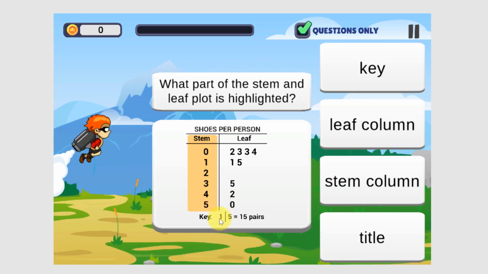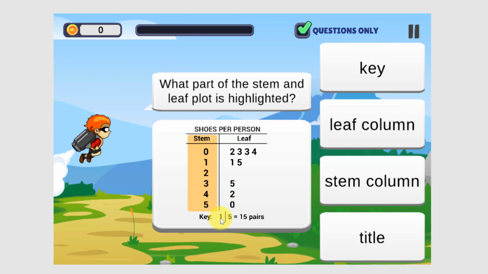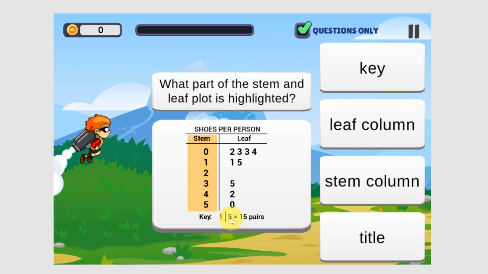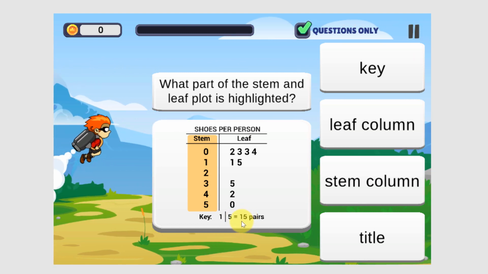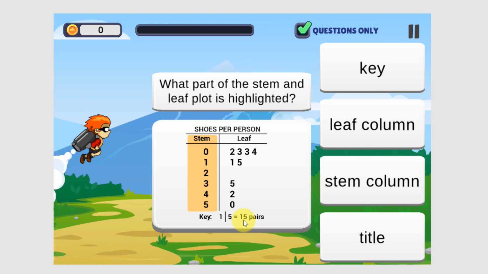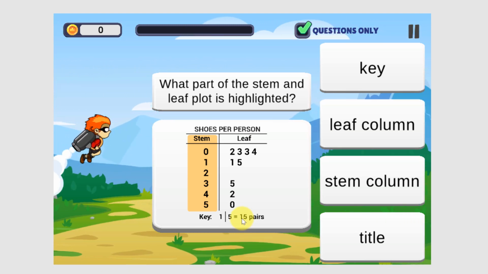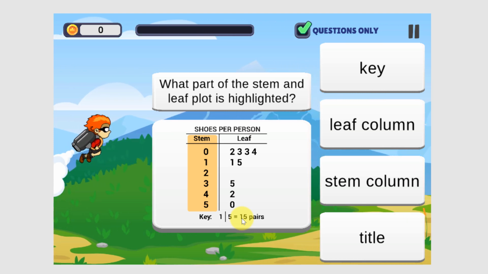So on the left side of the line we have the stem, and if we have a 1 on that side, and a 5 on the other side, that means 15. So it's important to understand what all the numbers actually mean, because it's a very strange way of writing numbers.